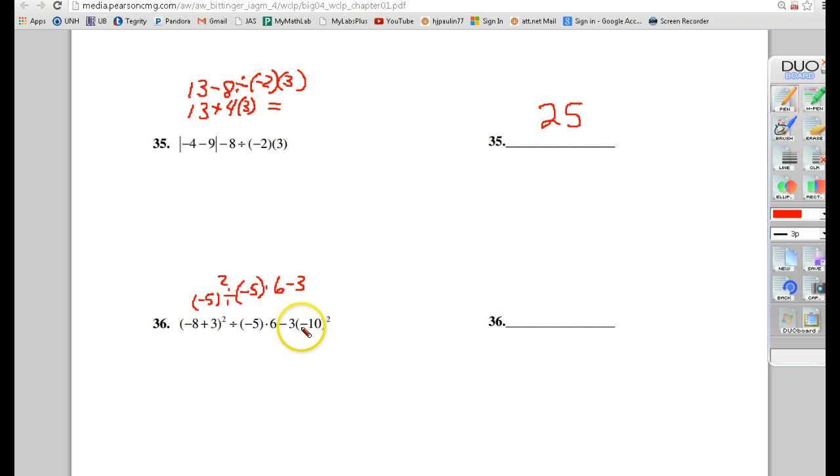And since I do exponents first, I'm going to actually do this here to kind of help us out. A negative 10 squared is 100. And this over here, by the way, let's just do that, this is going to end up being a positive 25.